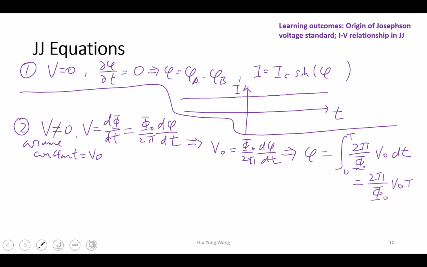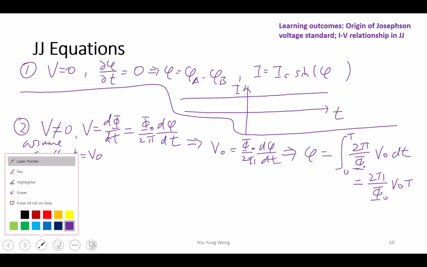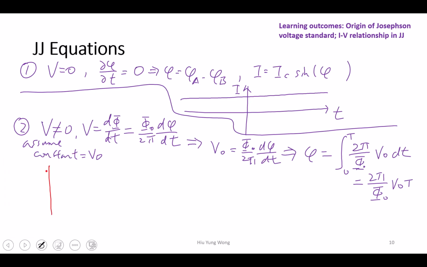Basically, you just do the integration, right? You even don't need to go through this because you know very well already. If this is constant, then the rate of change is constant. Then the phi must change linearly. That's it. The rest is just some ugly math. So how would the phi look like? If you look at the time, I only want to look at the phi, the phase difference across the device, right?